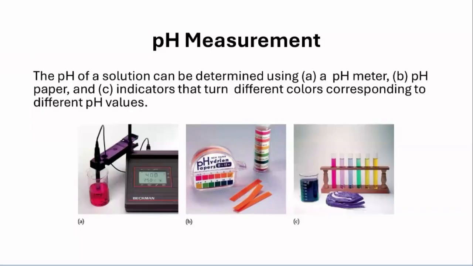Lastly, understand that nature also has pH indicators. For example, purple cabbage has a plant pigment called anthocyanin. Anthocyanin is known to change color depending on the exposure to different concentrations of hydronium or hydroxide.